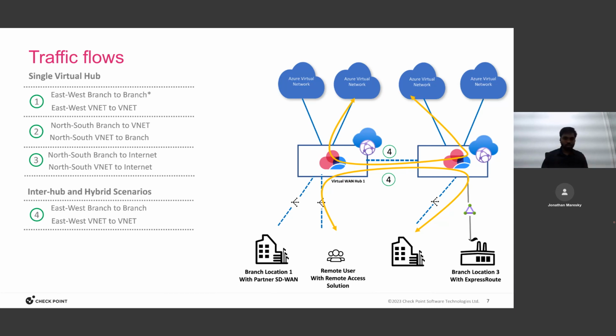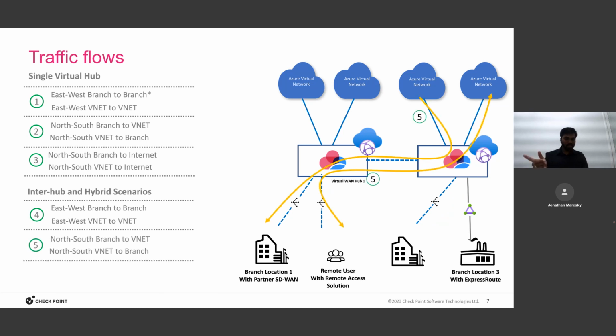So if I have two hubs, and there's one VNet which is paired with vWAN hub one, and another VNet which is paired with vWAN hub two, and both VNets want to communicate together, we can do that insertion as well. That's another use case.